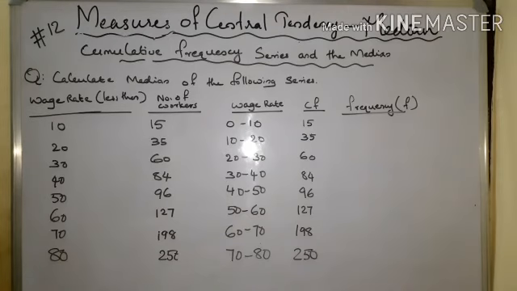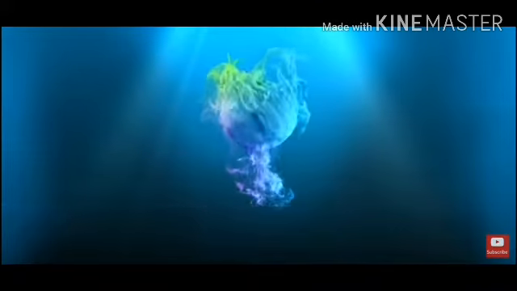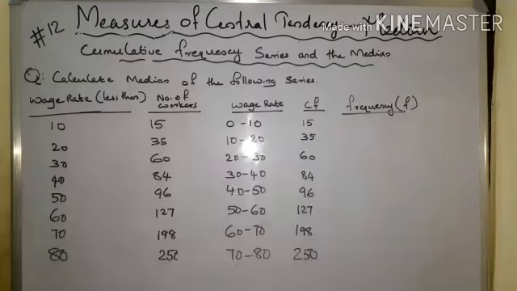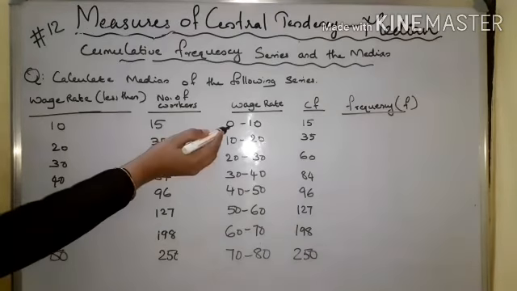So let's start. The wage rate less than 10 is converted into 0 to 10.